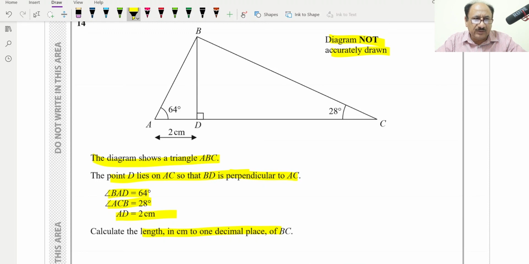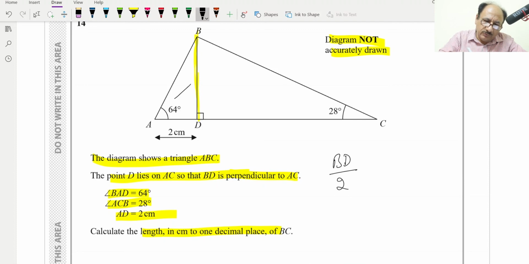So we can check for this side first. We will calculate this side. Okay, I'll highlight with this one. So BD side we will calculate first, and for this one we can write BD over 2.